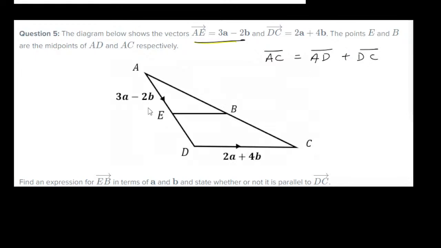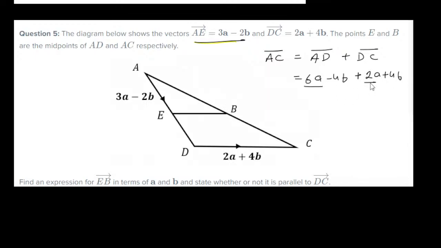Now as E is the midpoint of AD, your AD will be twice AE. So this AD will be 6a minus 4b, and DC is 2a plus 4b.